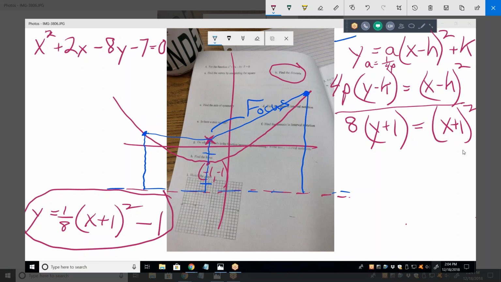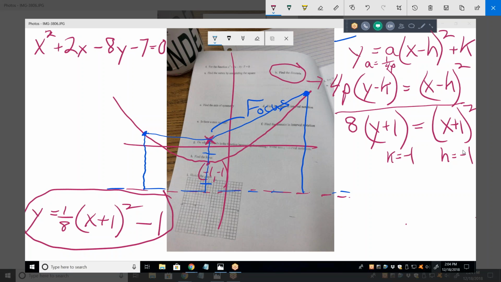Now, I still have it in semi-vertex form. In other words, y minus k, so k is definitely -1. H is still -1. So my vertex didn't change. The advantage is that now I have it in, well, I don't even know what they call this, conic parabolic format, or parabolic format, we'll call it, instead of vertex format.